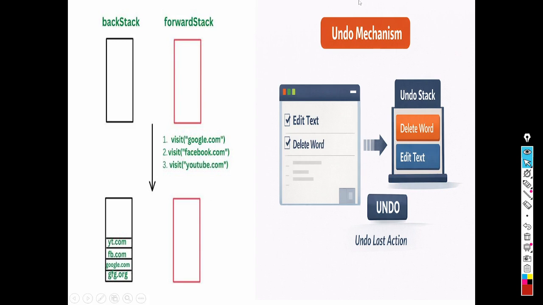There are two concepts in a stack: back stack and forward stack. When does the back stack work and when does the forward stack work? A real-time example is the browser back and forward. Here we are taking a browser, for example Google Chrome.